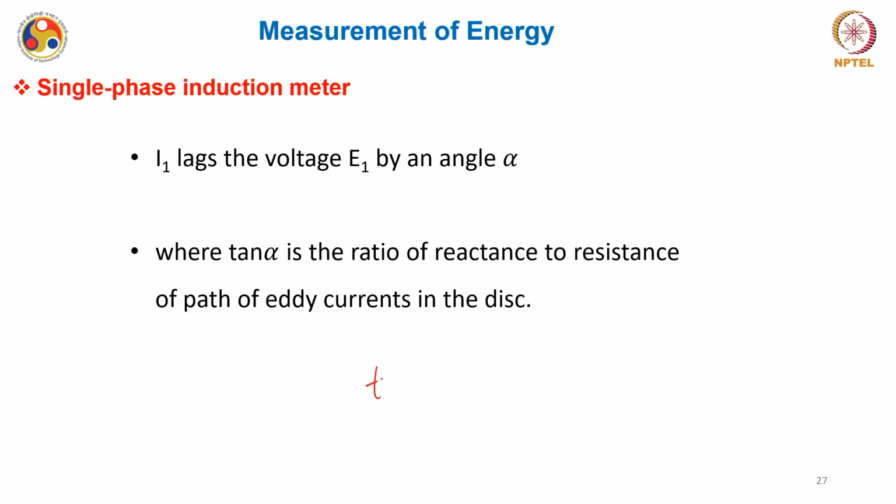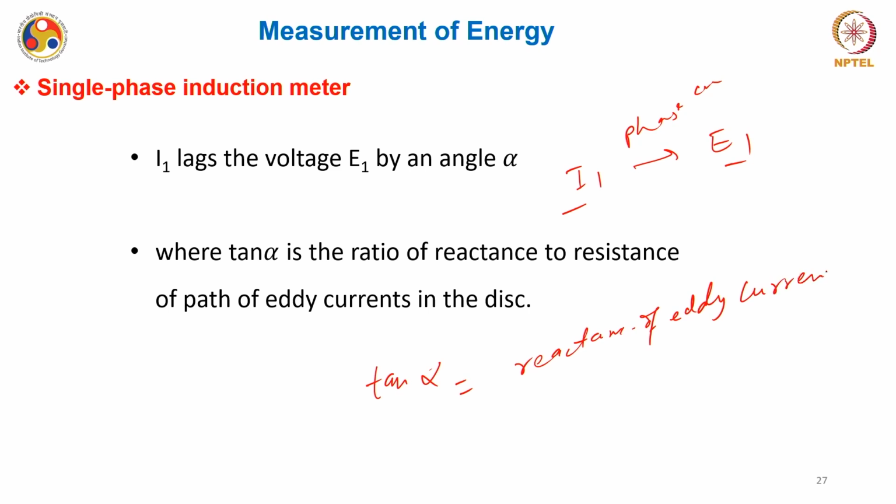Alpha is the phase angle between I1 and E1. So tan alpha can be written as the reactance of the eddy current path, that we have just seen, divided by the actual resistance.